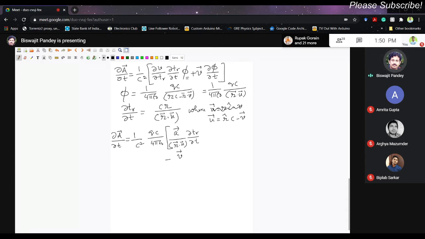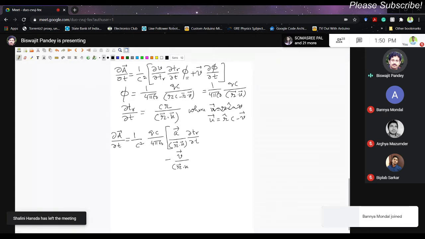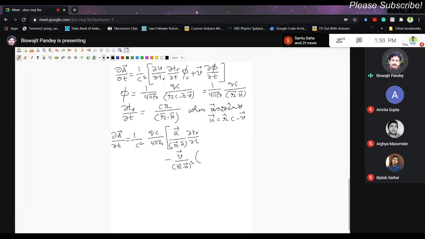So that will be minus of 1 by r dot u square, and then the derivative of that r dot u with respect to time. Let us do that. What is u? Don't forget that u is this, and r dot u is basically rc minus r dot v.